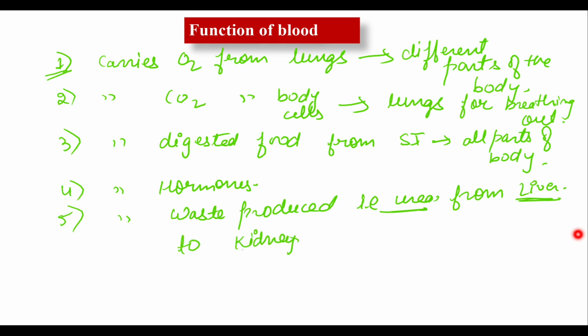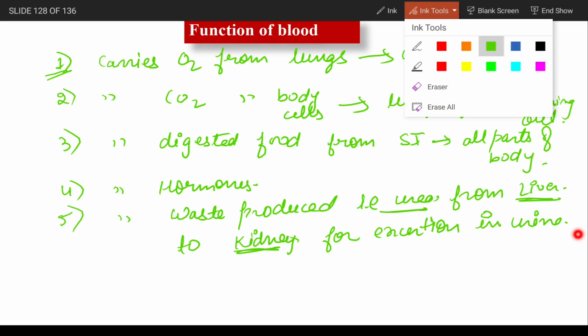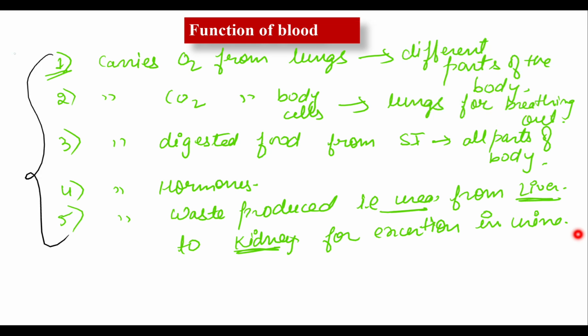Why? To excrete out, I mean to say for excretion via urine. Okay, so these are the functions which are related to the transport. These help in the transport of substances.